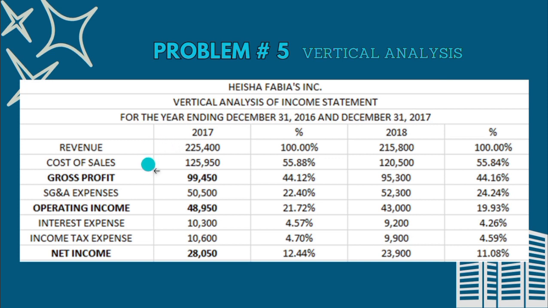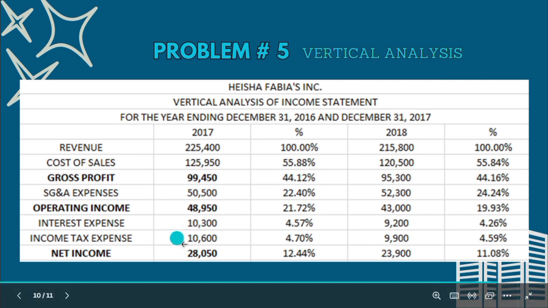Cost of sales na 125,950. Gross profit na 99,450. SG&A expenses na 50,500. Operating income na 48,950. Interest expense na 10,300. Income tax expense na 10,600. And net income na 28,050 pesos. So, lahat ng to ay value ng each item noong 2017.